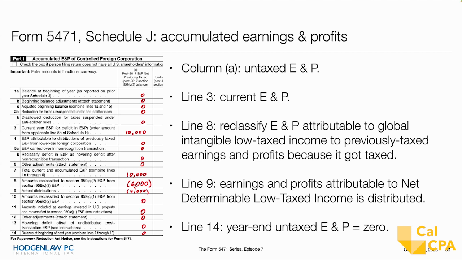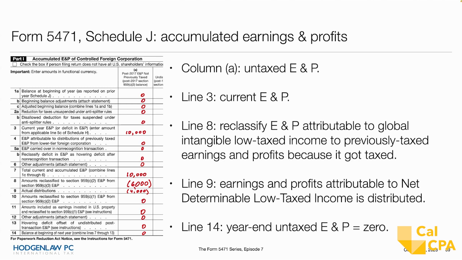And then line 9 is actual distributions. And see how the sequence of the law is reflected in the way they design the form. First, you reclassify untaxed E&P to previously taxed E&P, and then you make the distribution.